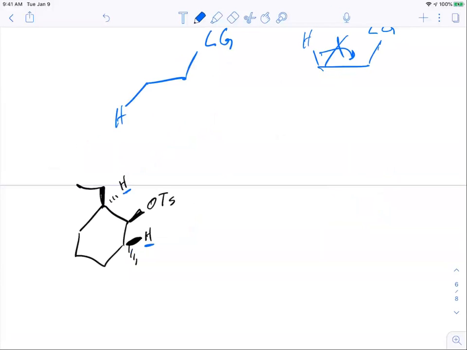These are both beta hydrogens. For them to eliminate, they have to be one away from that leaving group. So both of these are possible. But of these two, because this is a ring, I can't free rotate around that ring. There's only one that's going to be anti.